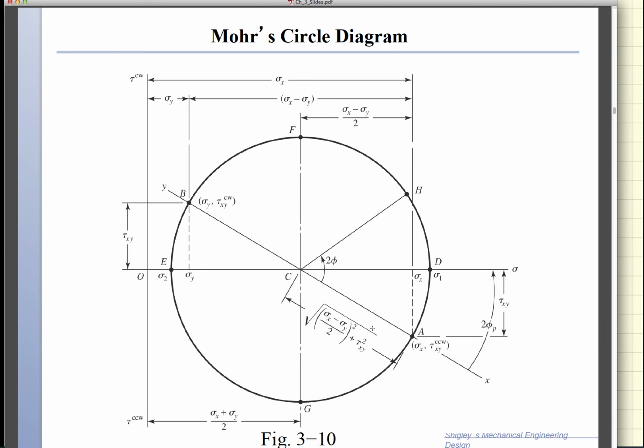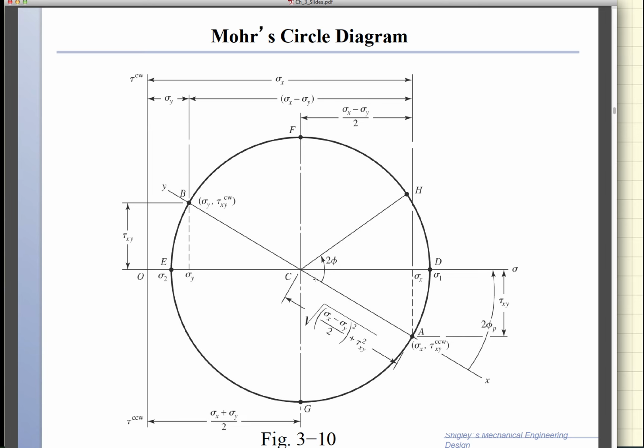So we would have A and B, and therefore, if we just take the xy axis, physically rotated on the Mohr circle by 2 theta p, it means that the element in reality rotates by an angle of theta p counterclockwise.